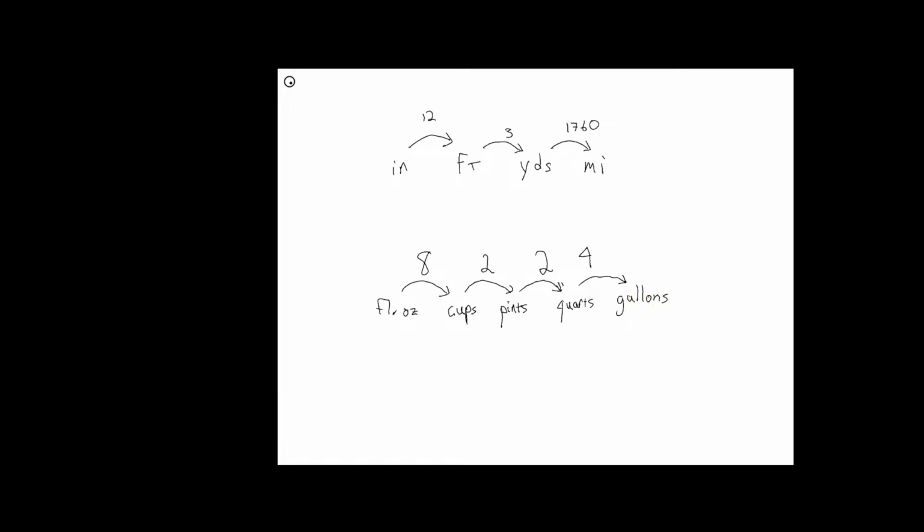So gallons are the biggest, yeah? If I had 16 cups and I want that in gallons, how much bigger are gallons? Well, they're 4 times 2 times 2. They're 16. So 16 cups is exactly 1 gallon. Okay.